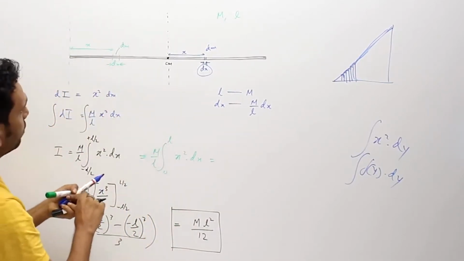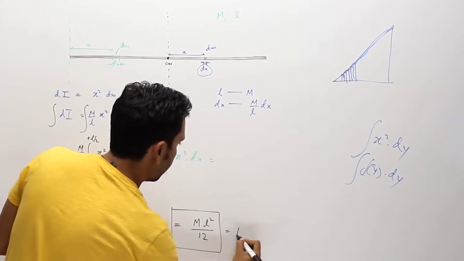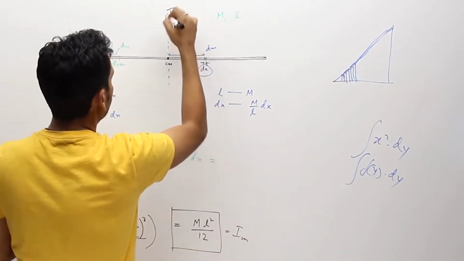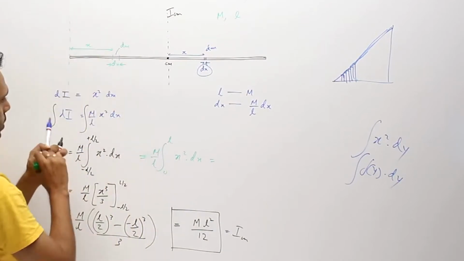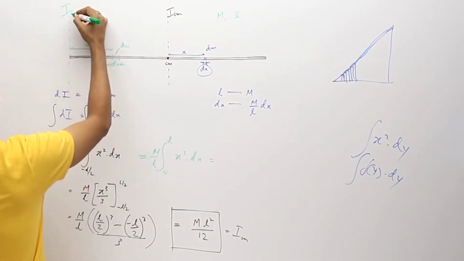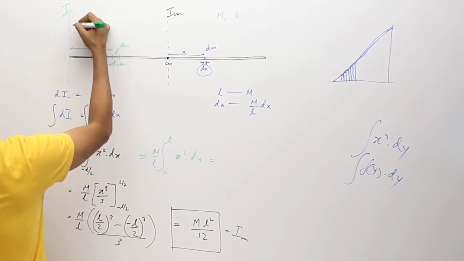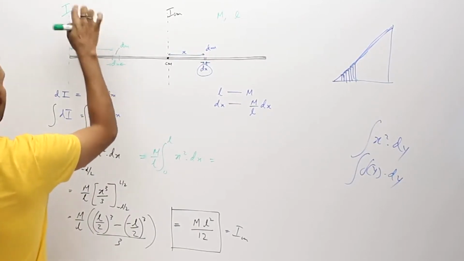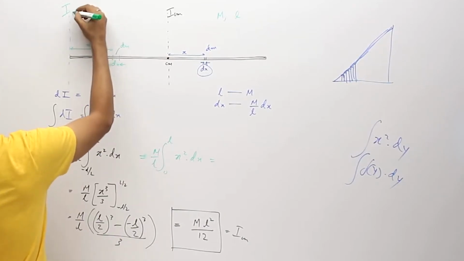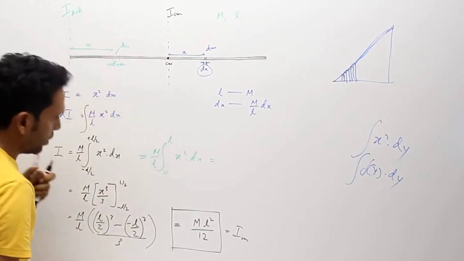So that one, in black, was ICM through this, and then in green I'm doing I about one of the end axis. So what shall I write? About the end axis.